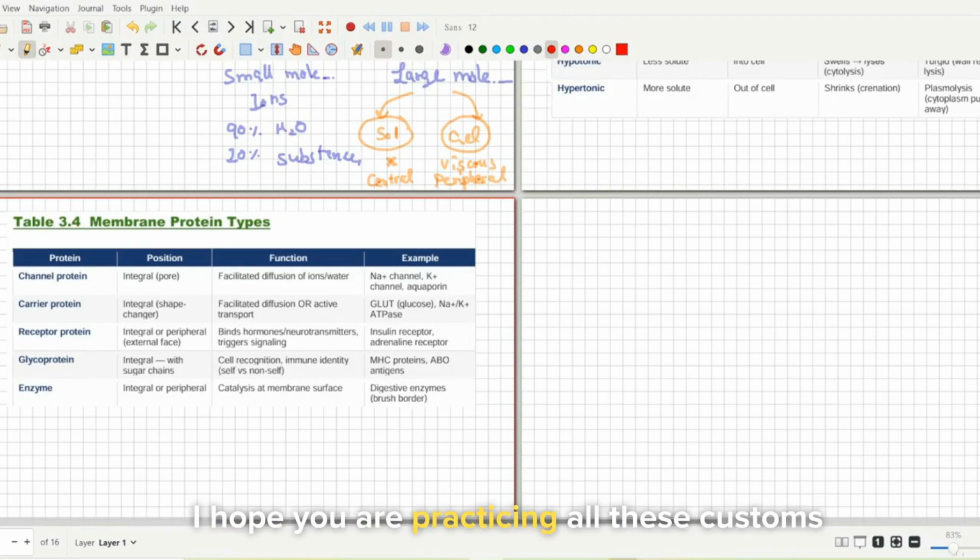I hope you are practicing all these questions and chapters in your practice books, in your past papers, from your mock exams, and you are doing weekly full-length papers. I really appreciate it because students are really hardworking. Students are taking lectures, but the problem is that many students don't practice these questions. Practicing questions is the most important step in your IMAT preparation.